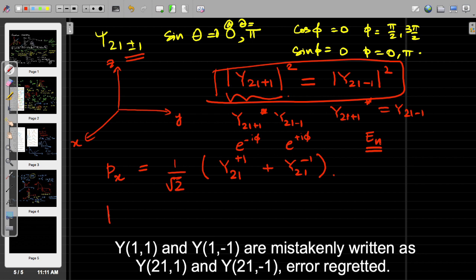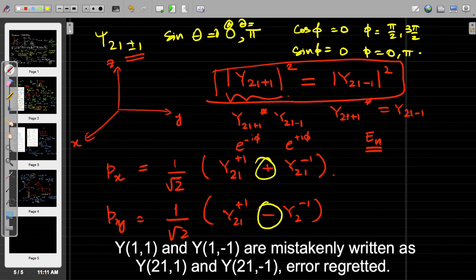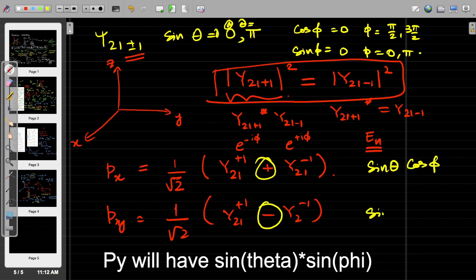This kind of combination comes up, and for the py, it's going to be another linear combination with a minus. The only difference will be this and this, in which case this might become sine theta times cos phi, and this might become sine theta times sine phi.